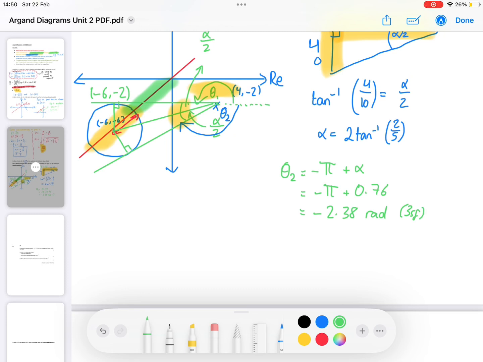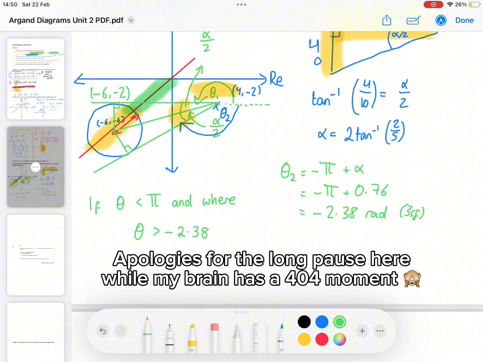So if theta is less than pi, and where theta is less than minus 2.38, more than minus 2.38 radians. Wait, hang on a second.